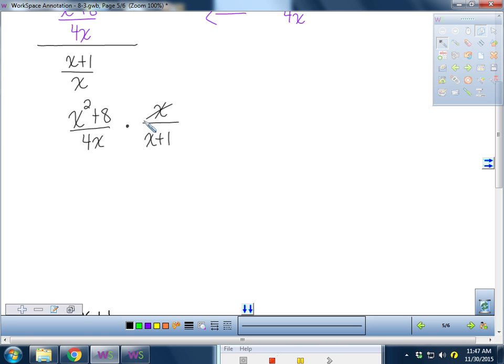So in other words, I have an x here and an x here. I can cancel those. Alright, so then all I have left is x squared plus 8 on top. And then on bottom, I need to distribute the 4 with the x plus 1. So that would give me 4x plus 4. And on these, I'm going to assume that all values of x are defined.